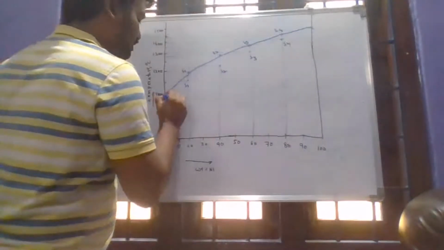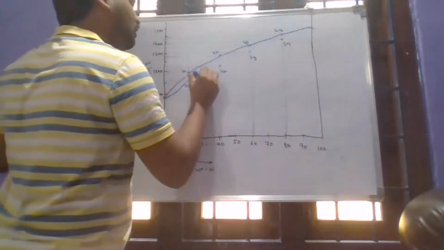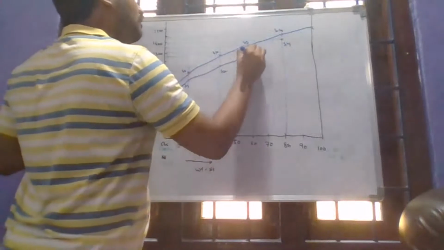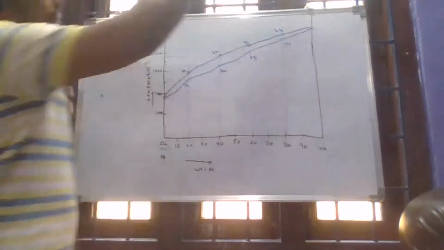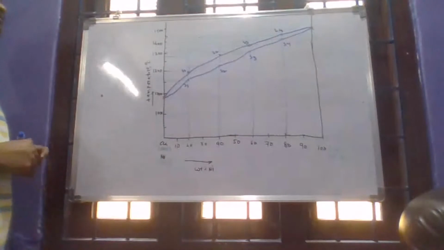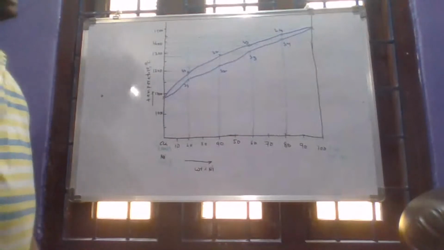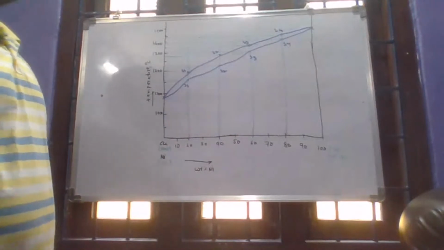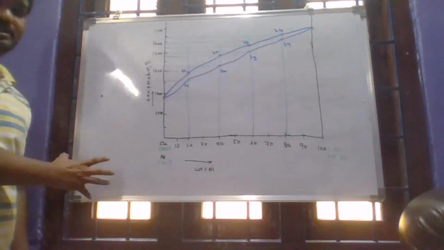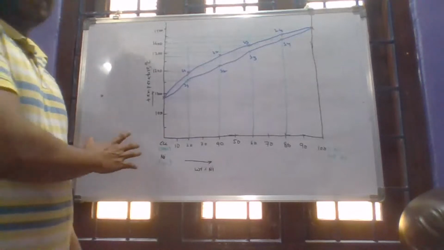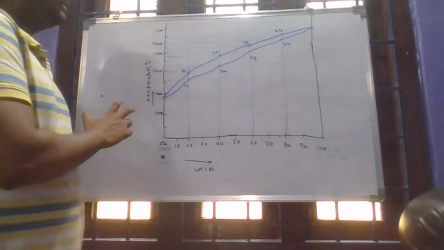Similarly, we will join the solidus points S1, S2, S3 and S4. So this is the construction of the phase diagram for copper and nickel.